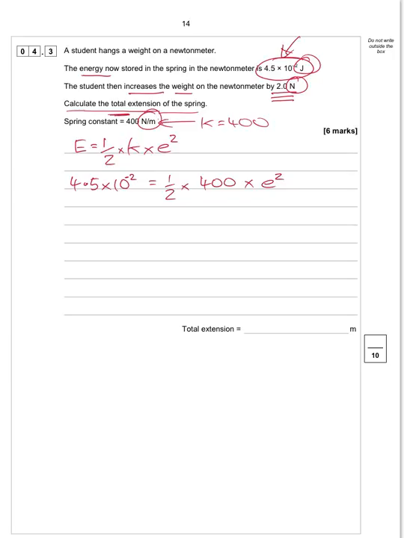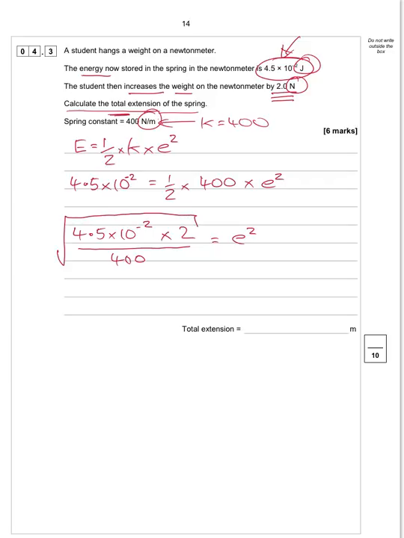So if I rearrange that equation, that is 4.5 times 10 to the minus 2 times by 2 divided by 400 is going to be equal to E squared. Well, if I want to find out E, I need to square root both sides.